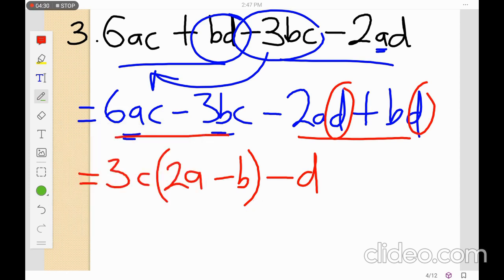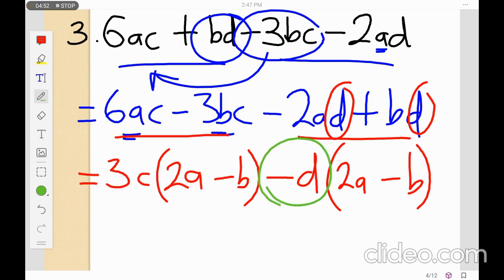I'm taking out minus so that inside my bracket, here I've got a plus, I'll have a minus there. That's basically why I'm doing this. Okay, now let's finish off this one. If I take out minus D, I'll remain here with 2A and here minus B. Okay, so if you say minus D times minus B, you will get plus BD there. That's why we are doing that.